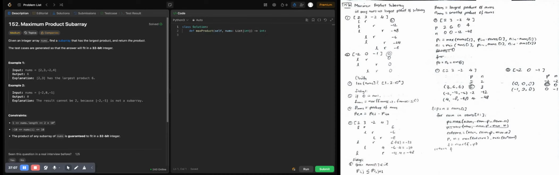So for num in nums, we skip the first one towards the end. So there are 3 elements here that we need to consider. First one is num, and then num times P and num times N. Okay, let's go through it.